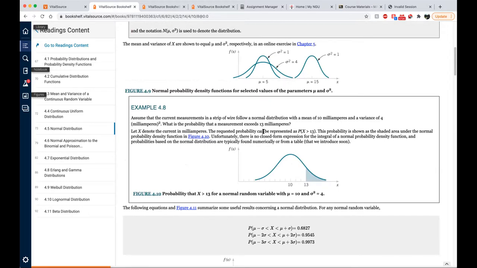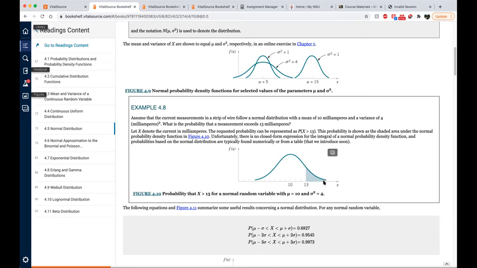The problem says that the current measurement follows a normal distribution. We want to find the probability that the current exceeds 13, which means we need to find the area from 13 to infinity under that normal distribution curve.